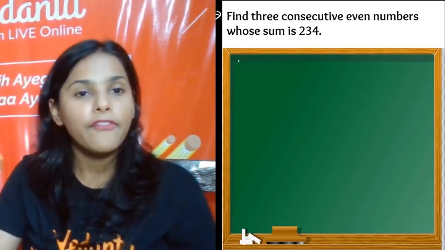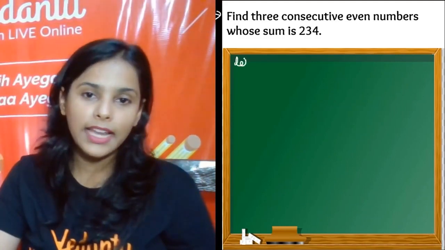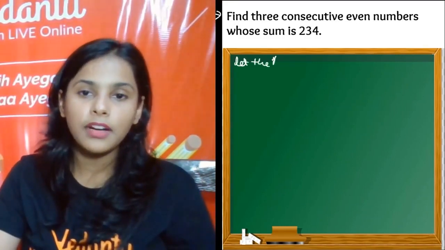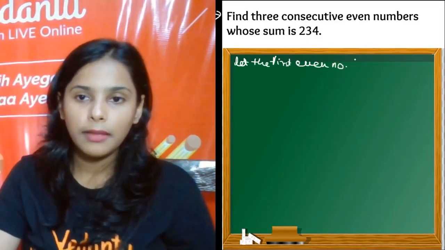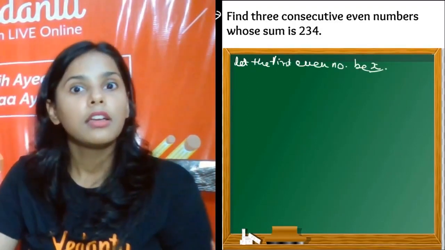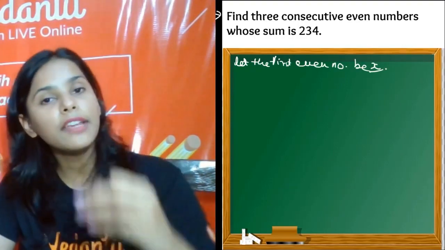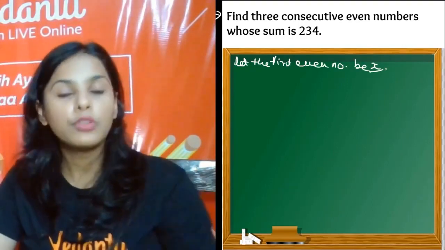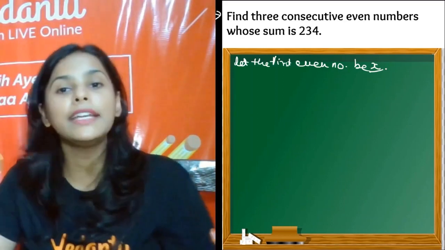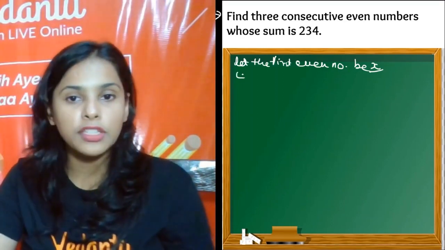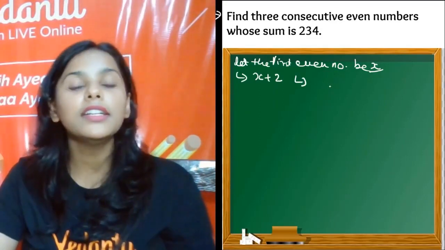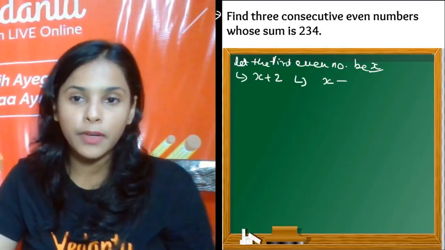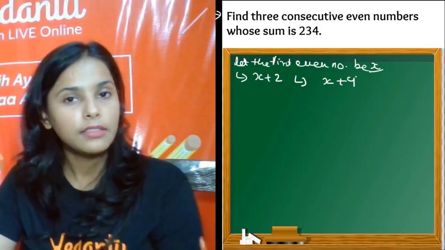So let the first even number be x. ठीक है? अगर वो x है तो अगला even number x+2, उसके अगला x+4, right? So the next consecutive number would be x+2, and the third consecutive number would be x+4, right? Clear है?